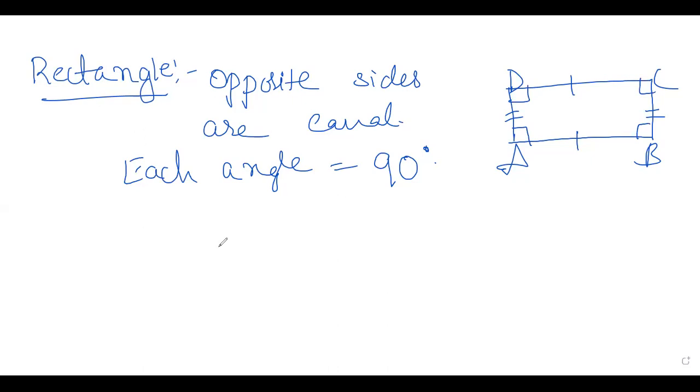Next, what is area of rectangle? It is length, call it as length, and these two are breadth. Length, breadth. Idu length, idu breadth anta tegoltivi. For example, take example of your blackboard.